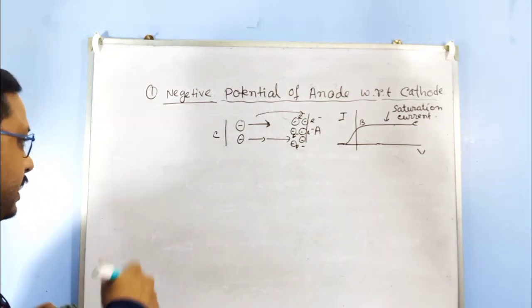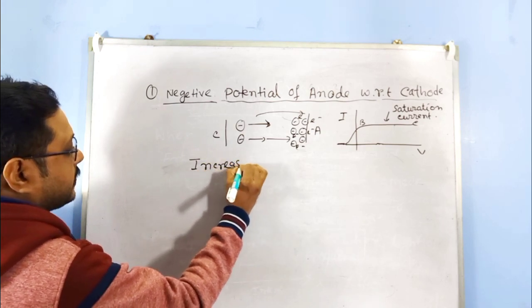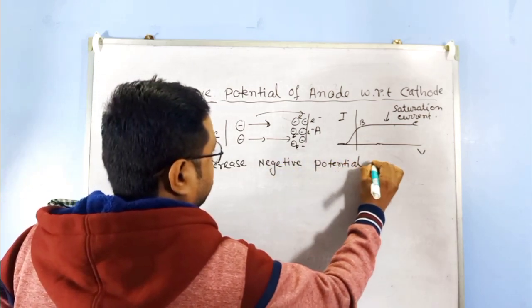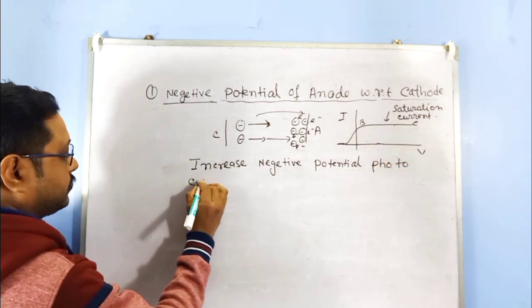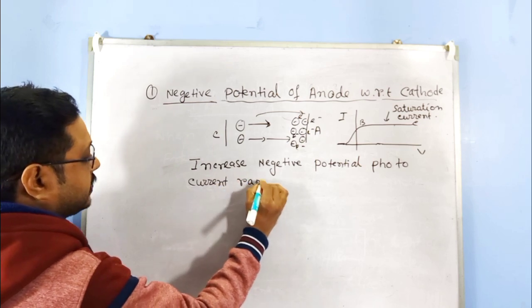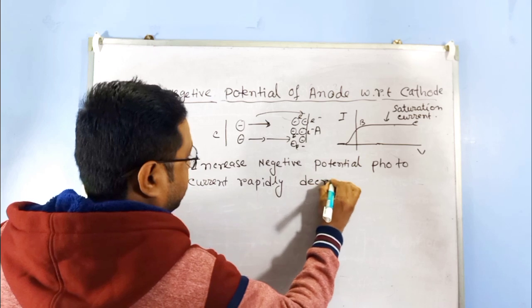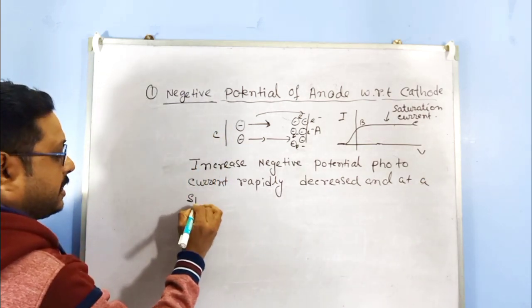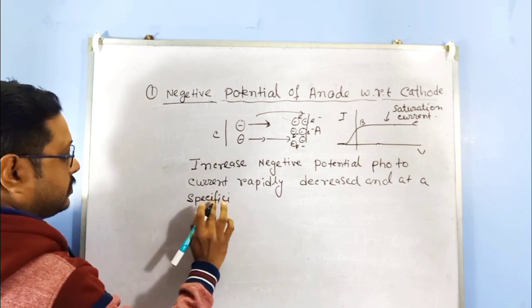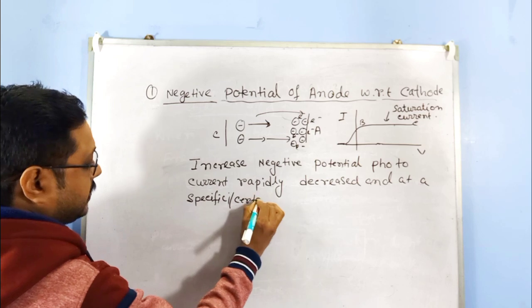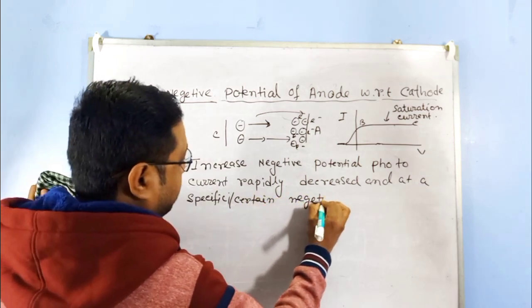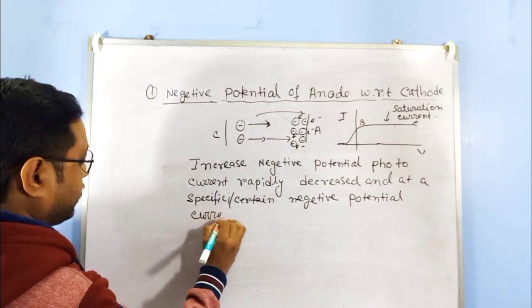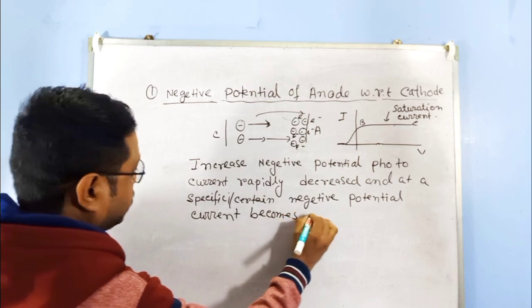If we increase the negative potential, the photocurrent rapidly decreases, and at a specific, certain negative potential, the current becomes 0.